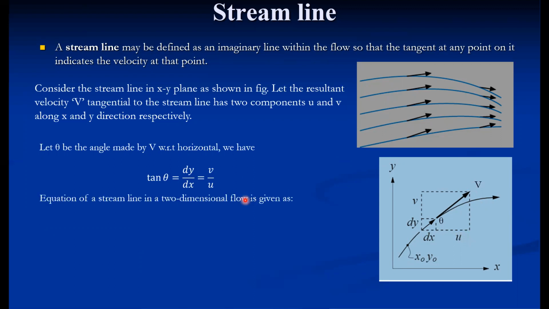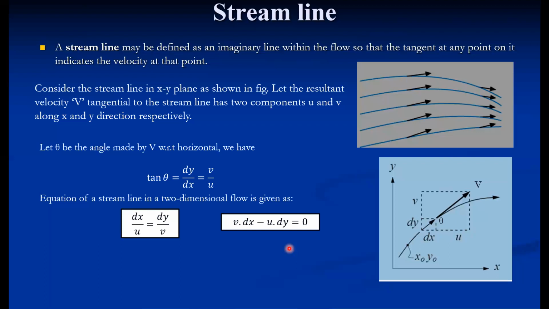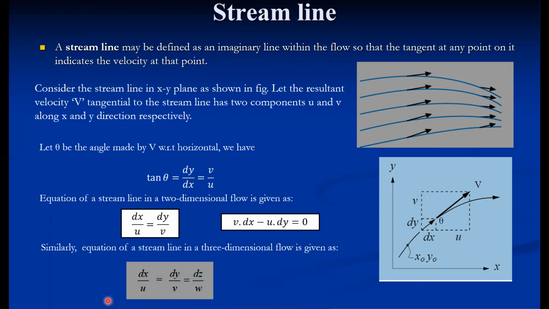If we rearrange this for two-dimensional flow, dx upon u is equal to dy upon v. Or in other words, we can write v dx minus u dy equals 0. Similarly, the equation for three-dimensional flow is dx upon u equal to dy upon v equal to dz upon w. So this is the equation of a streamline.